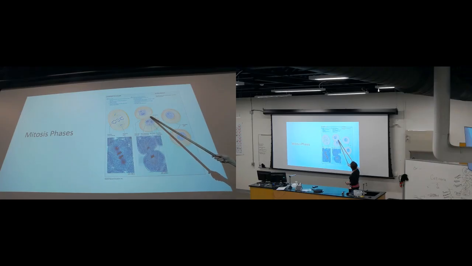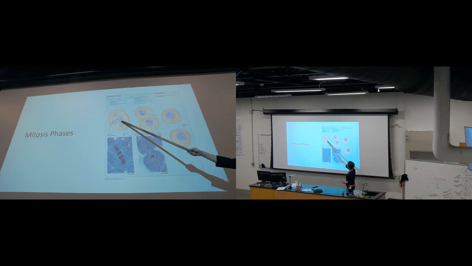And then you start forming this cleavage furrow, and then in cytokinesis, your cleavage furrow goes all the way, and you separate your two daughter cells. So this is how it looks in the microscope. And then again, sometimes these fail to separate, so you end up with non-disjunction and a trisomy.